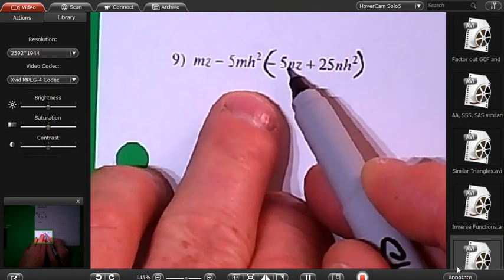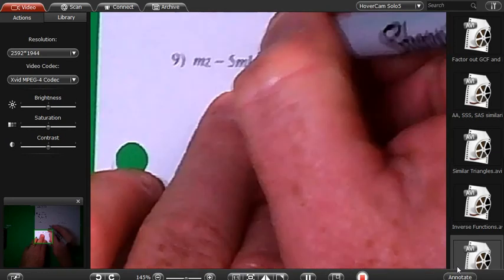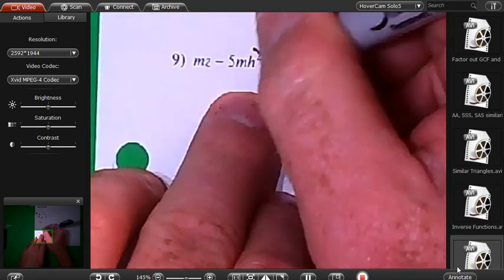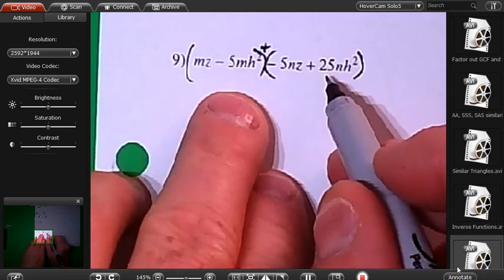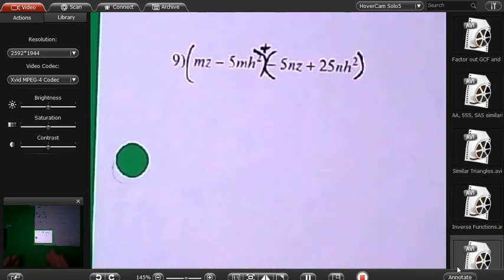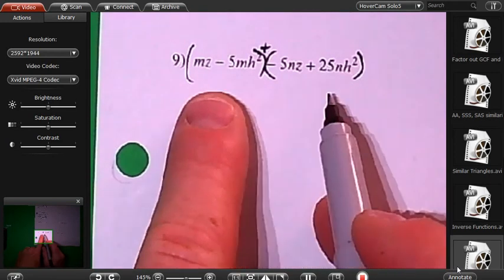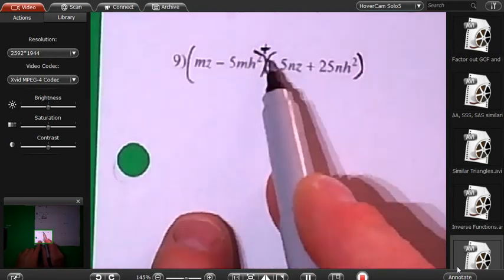Now, that means I've got to throw in a plus in between those two groups because that's what's really there. You could think of it as plus negative 5nz. All right, so just to make sure you're not thinking of this as multiplication, throw that plus sign in. I know there's not much room here.